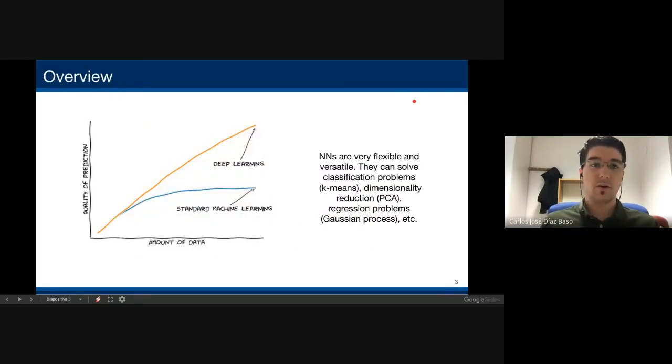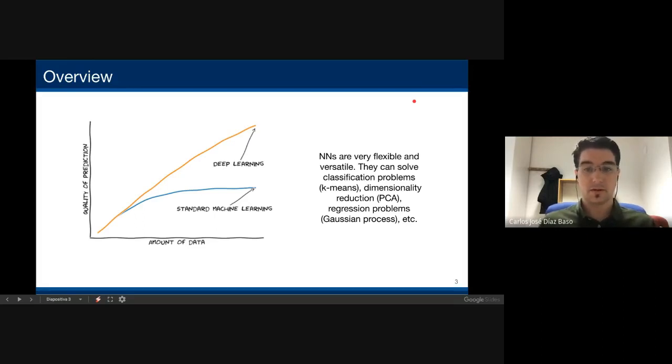The general overview of this field is that neural networks are very flexible and versatile. This means that we can solve with neural networks the same problems where we were using standard machine learning techniques.